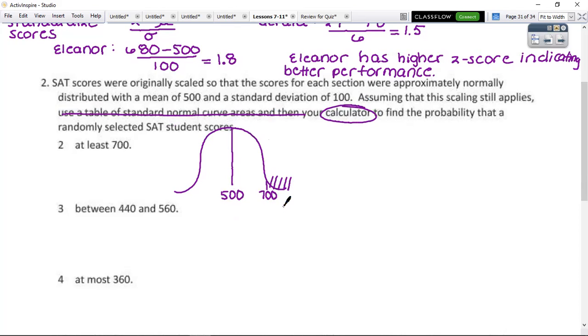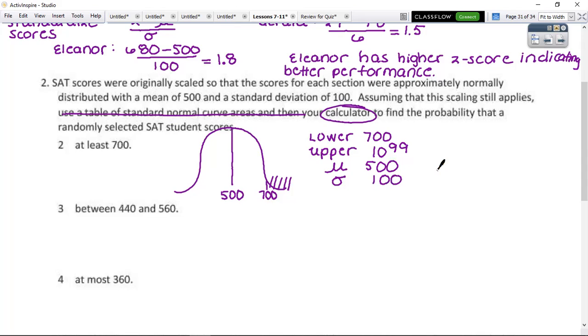So in the calculator, I am going to do lower. The lowest score she wants is a 700. The upper is when we change this to 10 to the 99, where your mean was equal to 500 and your standard deviation was equal to 100. All right, so you're going to go normal CDF again. And I'm going to go 700, 10 raised to 99, 500, and 100.